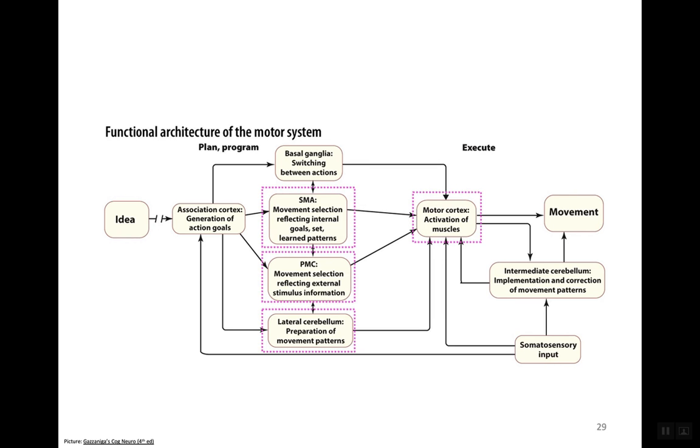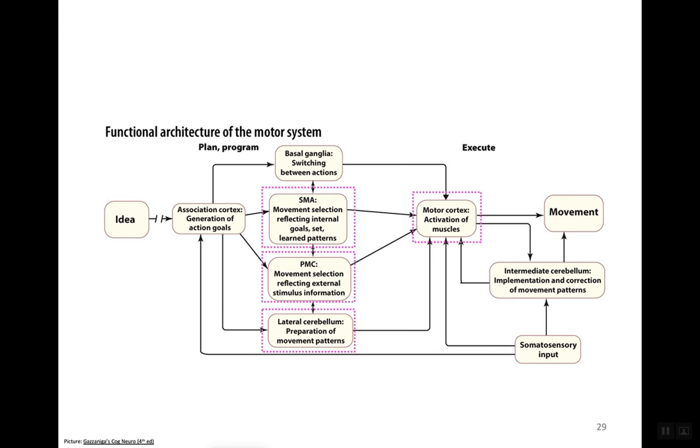Okay, so movement is quite complicated. It comes in very different shapes and forms, and for this reason, we have an incredibly complex neural system that assists it, and it makes it possible.